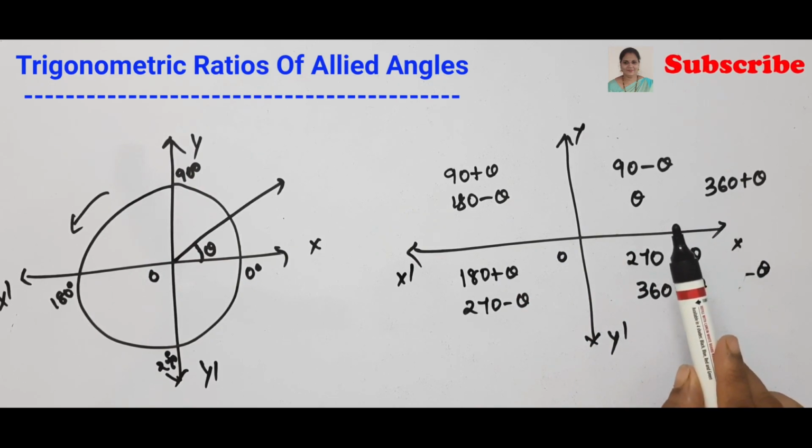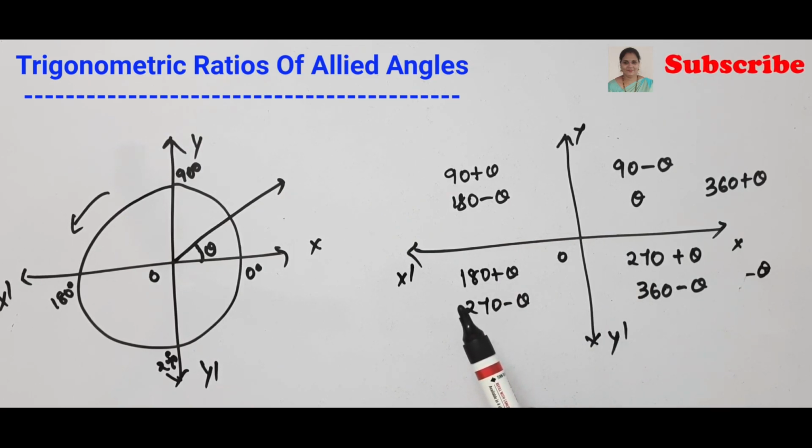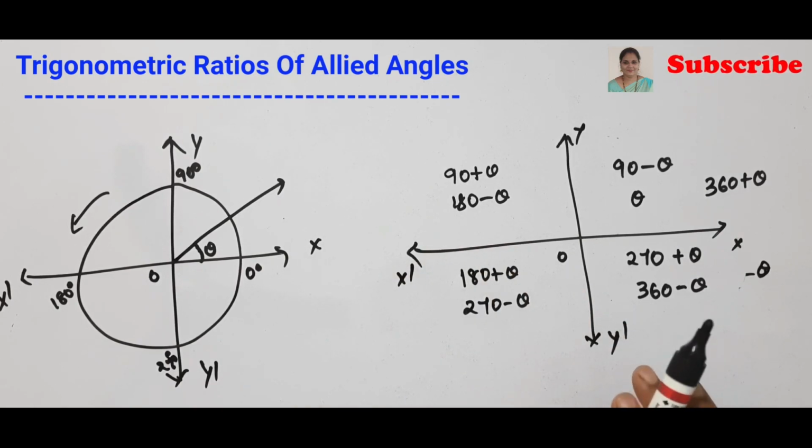If you observe these angles, if you take any of these angles and add or subtract, you will get a value which is a multiple of 90.